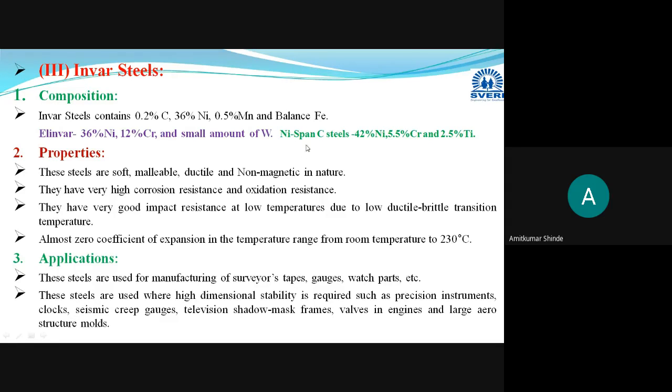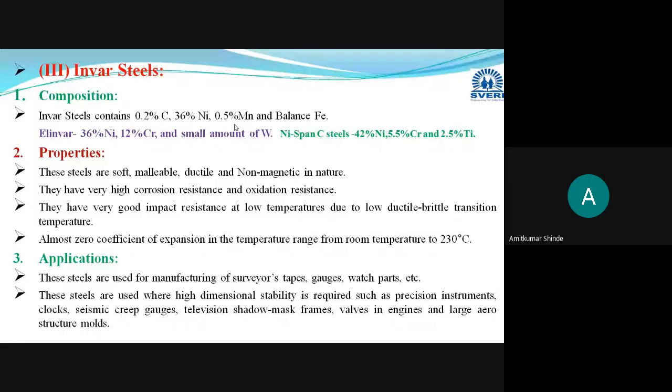Then the nickel span carbon steel has 42% nickel, 5.5% chromium, and 2.5% titanium. I have given just these two types for your reference. You have to try to remember the composition of Invar steel: 0.2% carbon, 36% nickel, 0.5% manganese, and the remaining or balance amount will be iron.